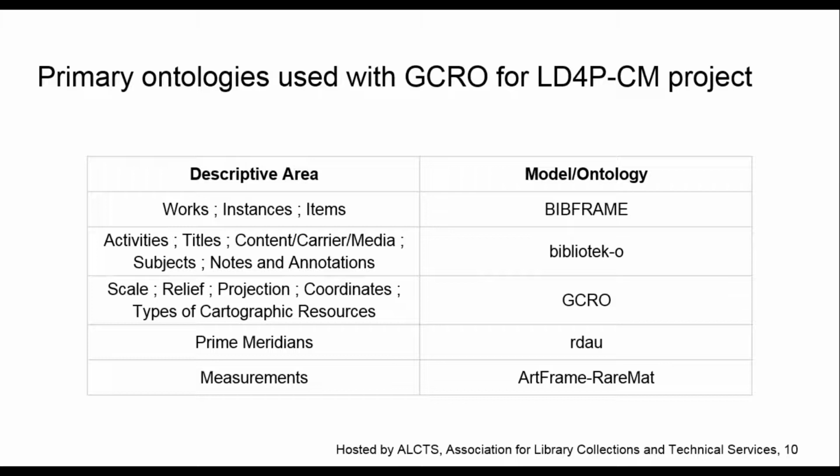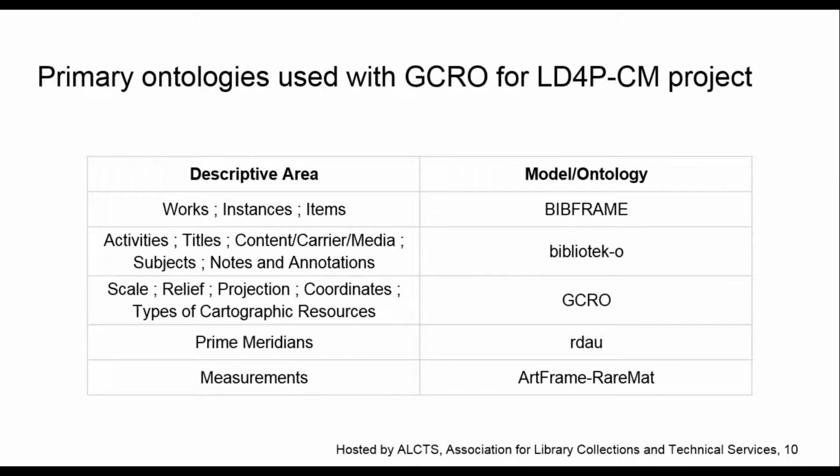Titles, content, carrier, media, subjects, and notes and annotations. And then the descriptive areas that are common to cartographic description: scale, relief, projection, coordinates, types of cartographic resources. You'll see in a minute more detail about how GCRO intends to augment BIBFRAME and Bibliotek.